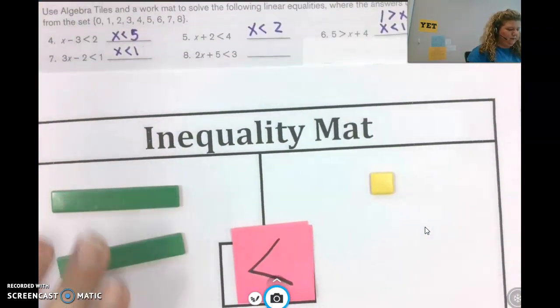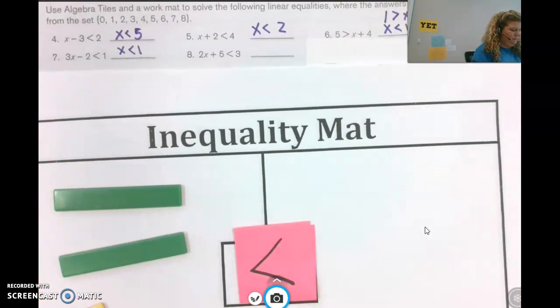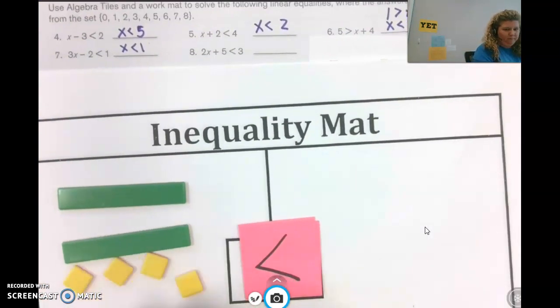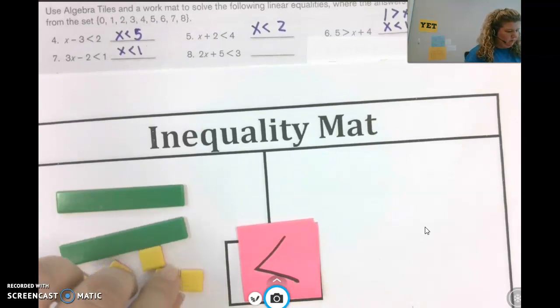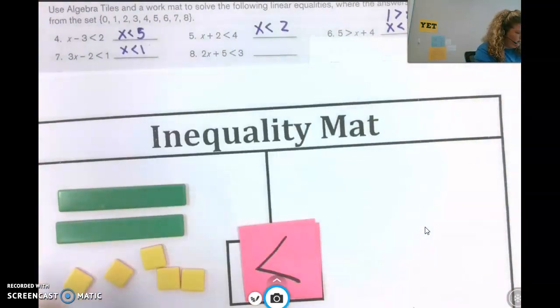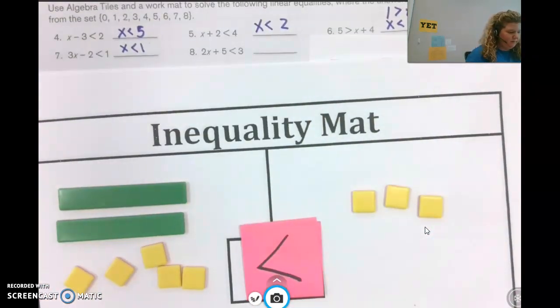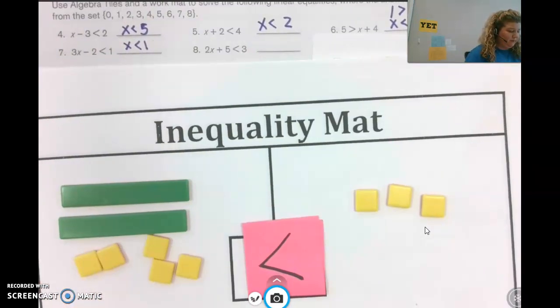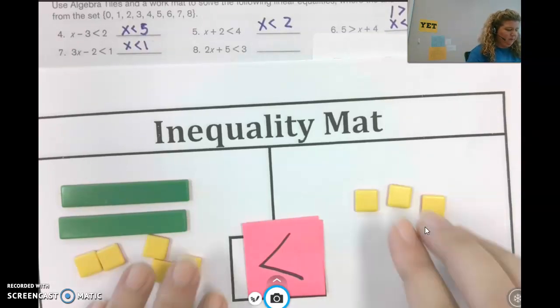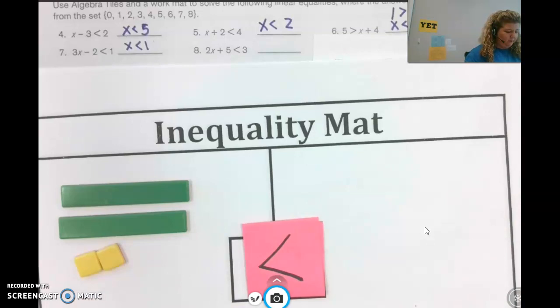Alright, now I have 2 x's plus 5, less than 3. So again, I don't have 5 that I can take away from each side. So let's see how we want to approach this. We could take 3 away from each side. Now this side's empty at the moment.